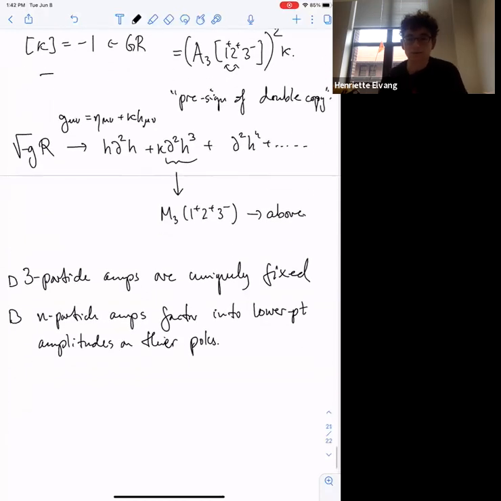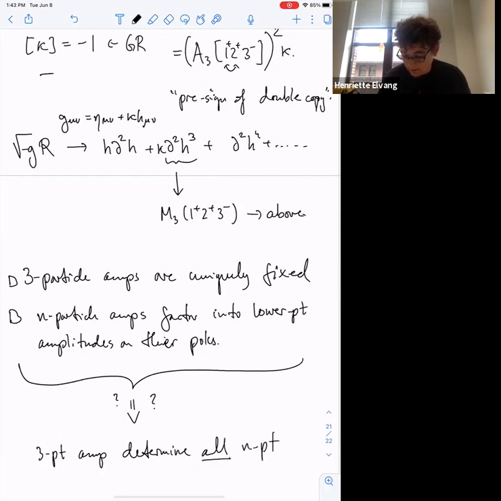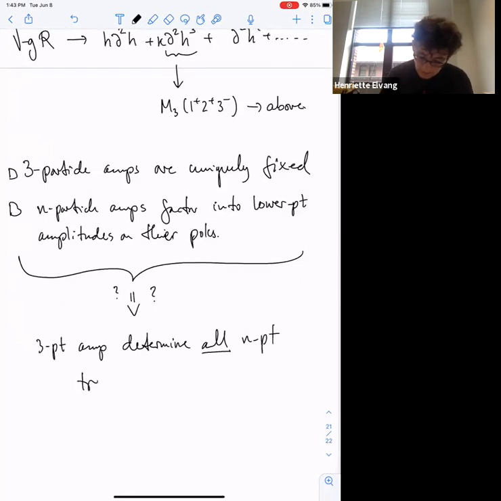So you can put these 2 statements together and realize that you have a very good shot at 3-particle amplitudes determining all tree-level amplitudes. So you could ask, question mark, if this implies that 3 particle amplitudes determine all n-point tree amplitudes. That is true, at least in some cases.